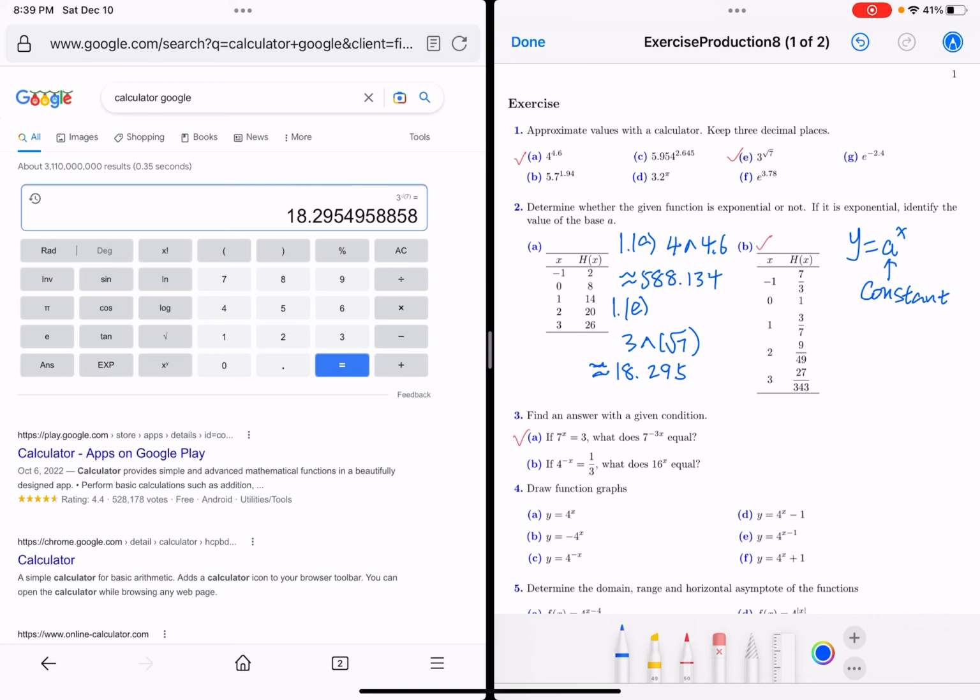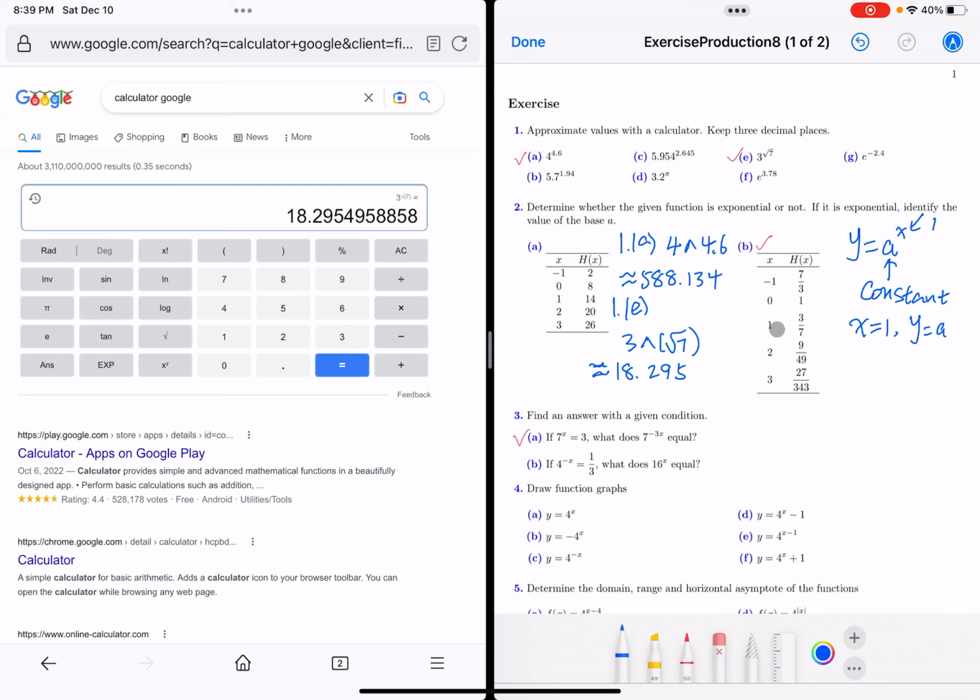And here we can see when x equals 1, then you shall have a what? When x is 1, you shall have y is a, because a to the first power is just a.